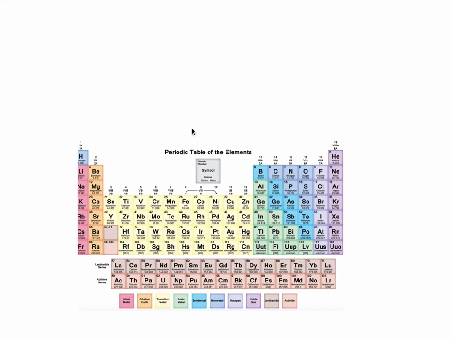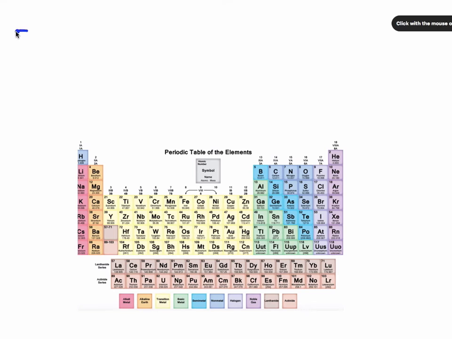Why don't we try one last one? I think everybody should try strontium. Press pause, give it a shot, and then I'm going to do it myself. So strontium, one thing I know here is 1, 2, 3, 4, 5. Strontium is going to end with 5s2.